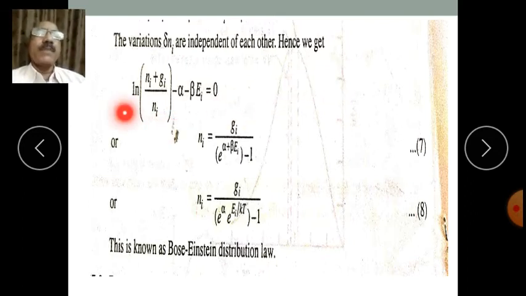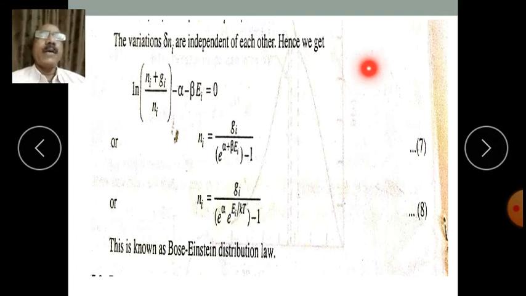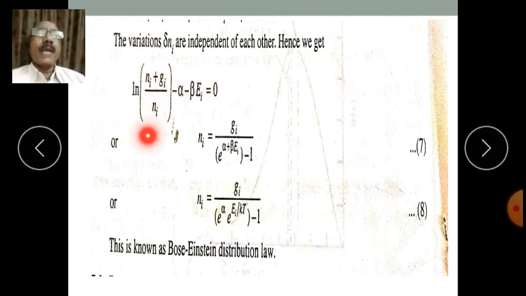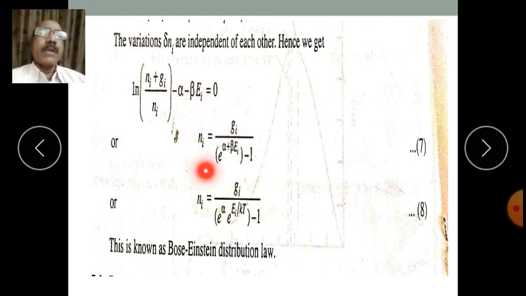If you transfer this 1 to the right hand side, what you get is Gi upon Ni is equal to e to the power alpha plus beta Ei minus 1.